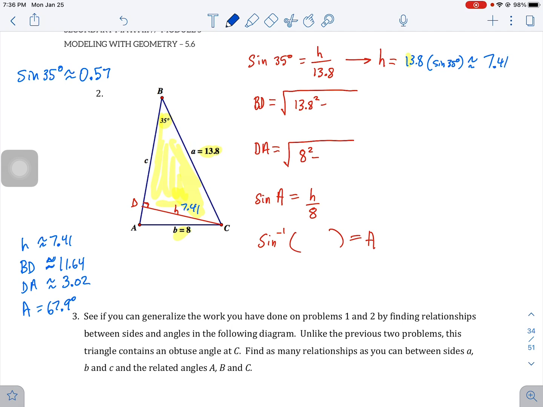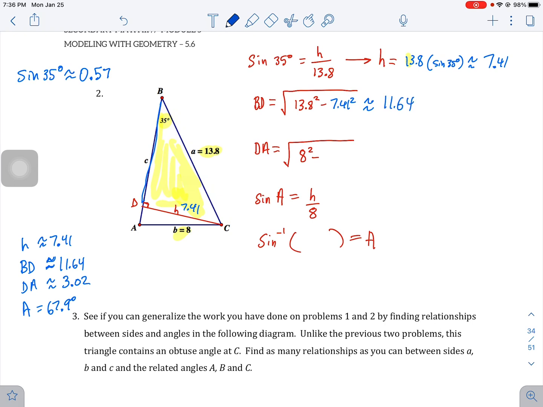7.41. That looks reasonable, looking at the diagram. And so I can use my Pythagorean theorem to find BD. So it's the square root of 13.8 squared minus 7.41 squared, which is going to be approximately 11.64.